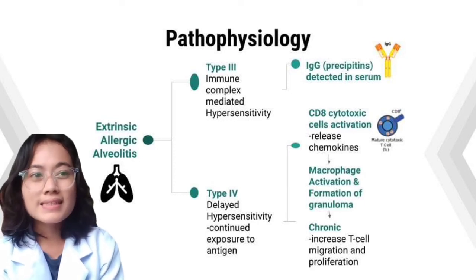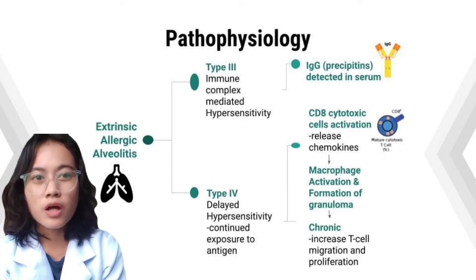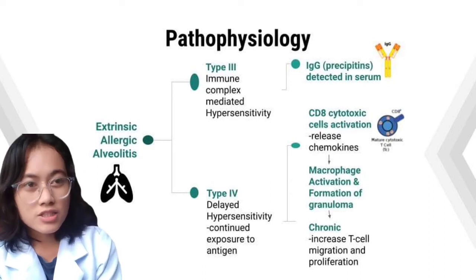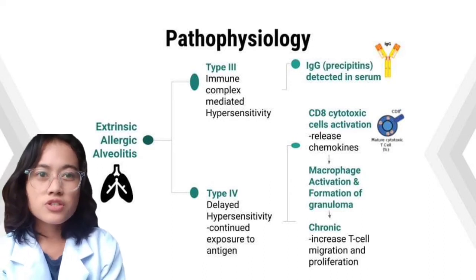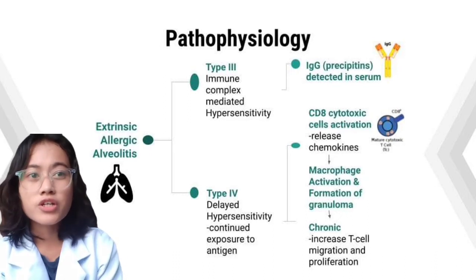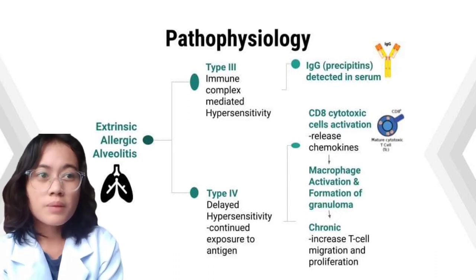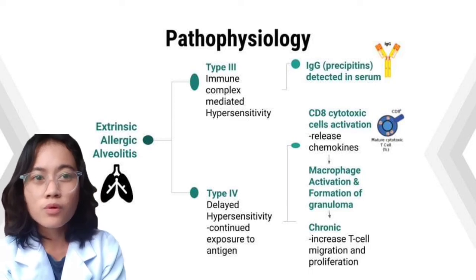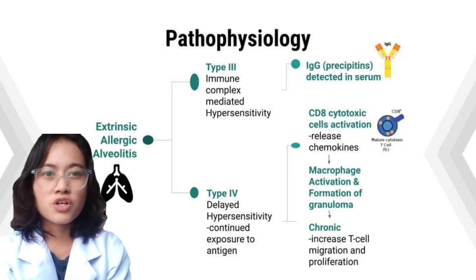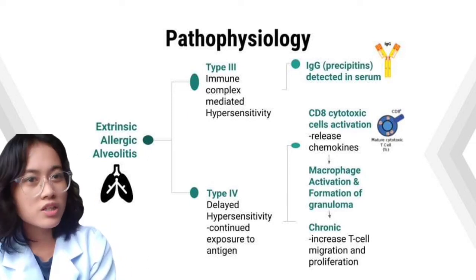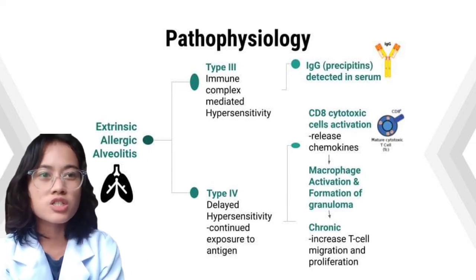As the disease progresses to subacute and chronic HP, an exaggerated T cell mediated immune response is noted. This results in increased T cell migration and proliferation. The mechanism behind progression to fibrosis is not clearly understood. There is thought to be a shift to an increased Th2 response that promotes collagen deposition and fibrosis.